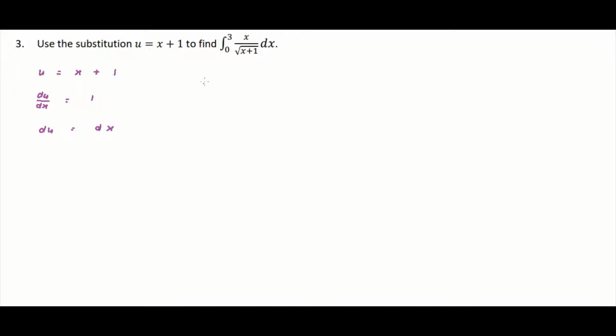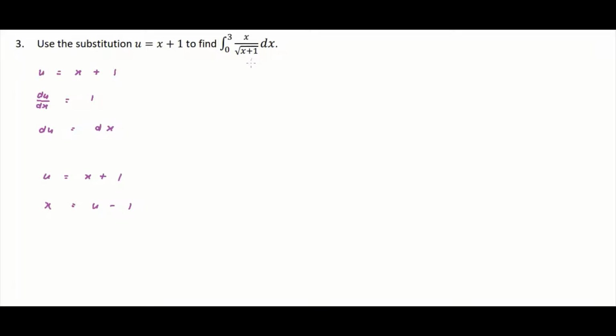Then after that, you can see that you have an x here, so since u equals x plus 1, our x is equal to u minus 1. Okay, then I think we can substitute everything here already, so this will become u minus 1, then after that, square root u, and our dx will become du.